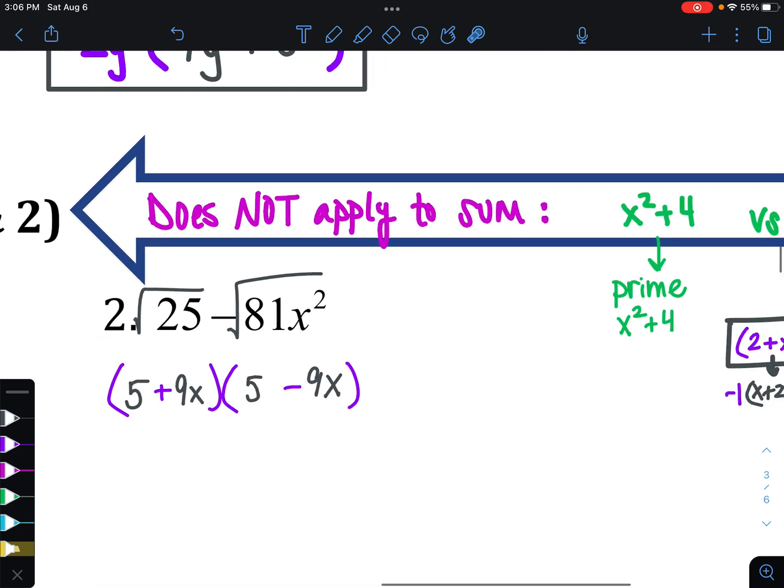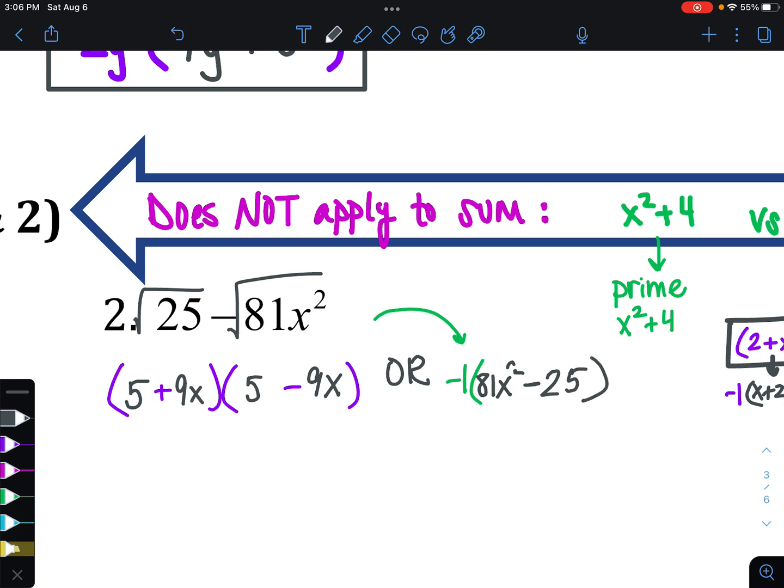So if that was the case here, we would factor out a negative, and flipping the order would give us a positive 81x squared, and then a negative 25. Sorry, my stylus, I just ordered a new one, so that should be fixed. So 81x squared minus 25.